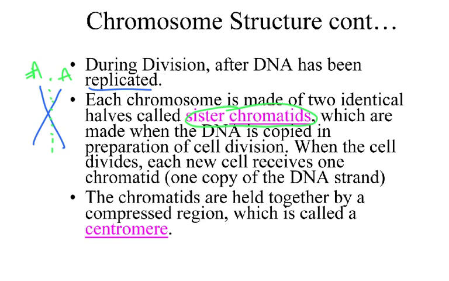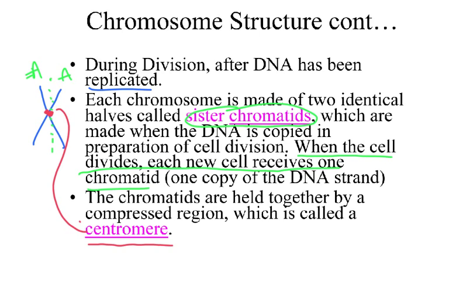They're the exact same DNA, just being held next to one another. Eventually, when the cell divides, each new cell receives just one chromatid, which is the complete set of information. The chromatids are held together at the middle by a little piece of compressed DNA and protein that we call the centromere. So that's the piece at the middle of the chromosome.